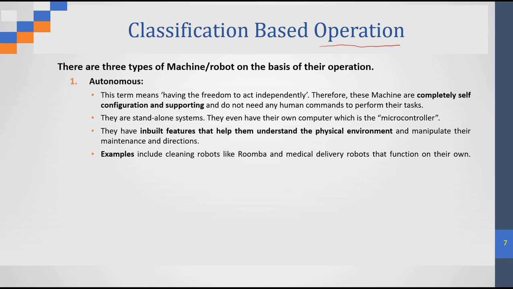So based on your description, and also the operation of the system, here we can see the description of the available systems based on the operation. The first one is autonomous. Autonomous means having the freedom to act independently, so the machine is completely self-configuring and self-supporting.